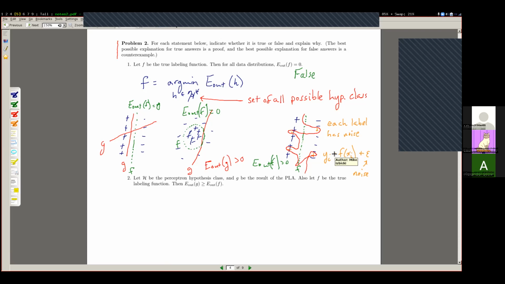The universe might have more features available to it. And so maybe the universe actually is deterministic on whether somebody defaults or not. That's a philosophical question. But whether the universe is deterministic or not, we don't have access to all the information the universe has access to. And so our F function, our true labeling function, is guaranteed to have this non-zero true error.